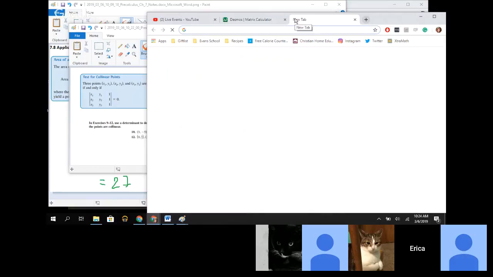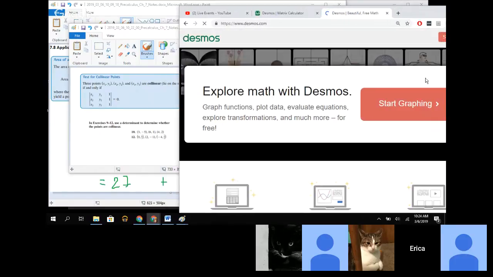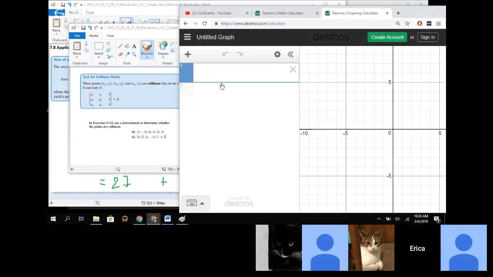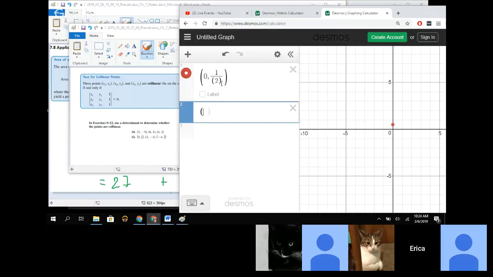Also, just to wrap it all together, if you graph these points, they should look like they're on a line. You might not be able to completely verify it just visually. Oops, 1 point, 2, -1.